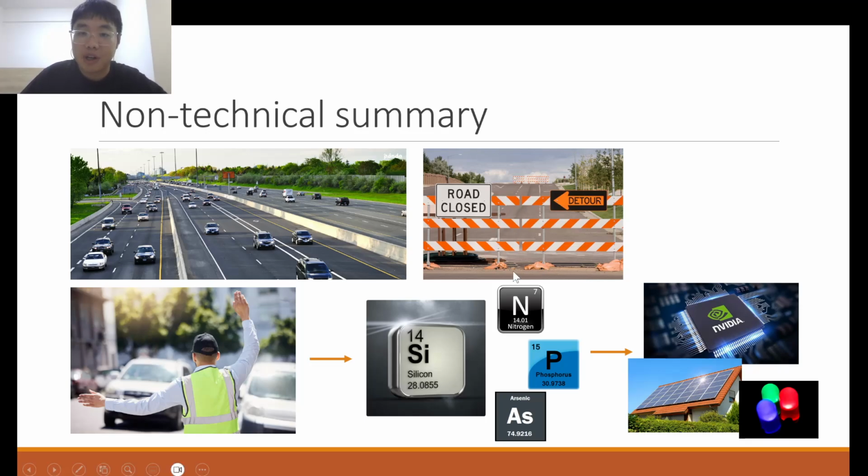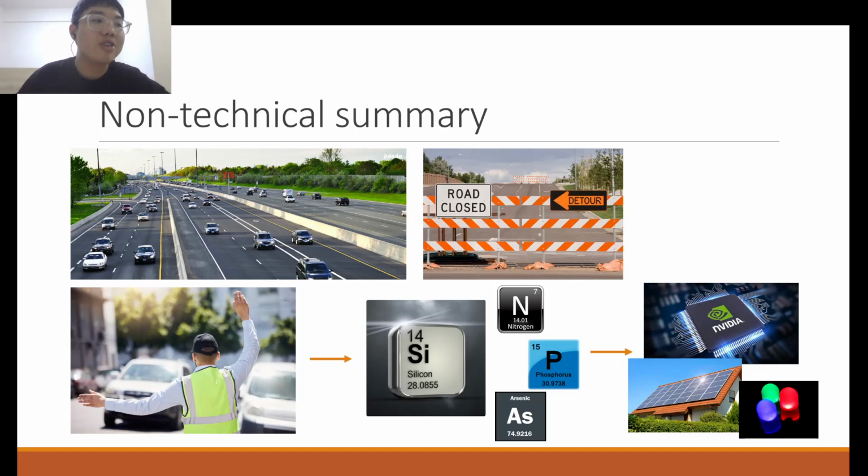For example, nitrogen, phosphorus, arsenic are elements that can be added into silicon to modify the way it transports electrons. It's kind of like the traffic warden in our analogy. They help to direct the flow of cars this way or that way, or stop the flow, or allow a greater flow. Nitrogen, phosphorus, arsenic and similar atoms, which we call dopants, are what control the flow in semiconductors. Or maybe you can say they modify the flow in semiconductors.